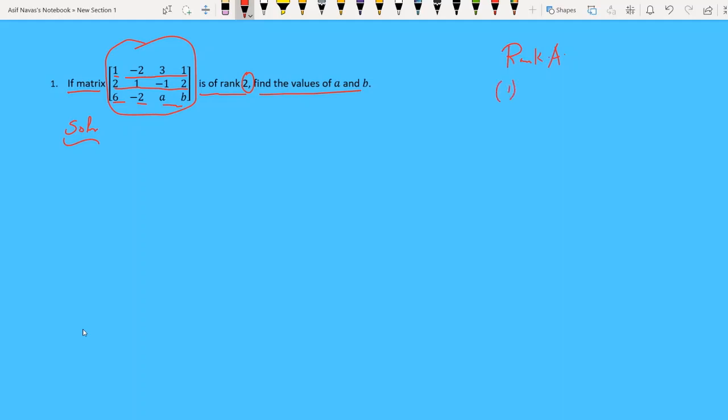First step, we have to find the row echelon form. Sir, could you move that, the question is not visible. Question is not visible. Is it clear now?